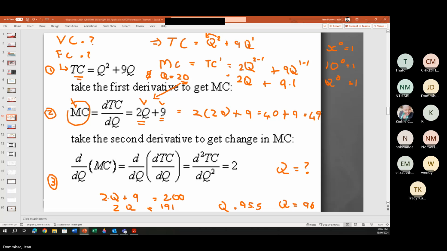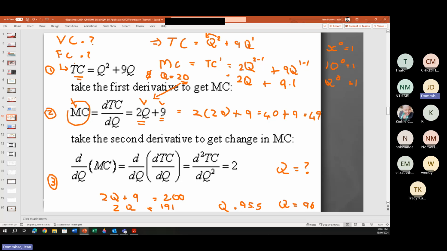Then another thing that they can do is not to give you a total cost, but they can say what variable cost is and fixed cost is. Then you need to remember, to get to total cost, I need to add my variable cost and my fixed cost together.